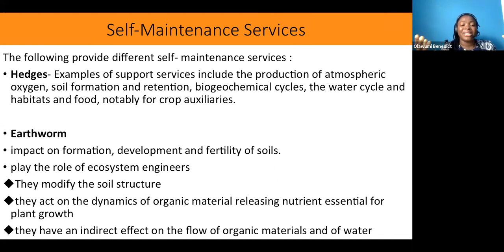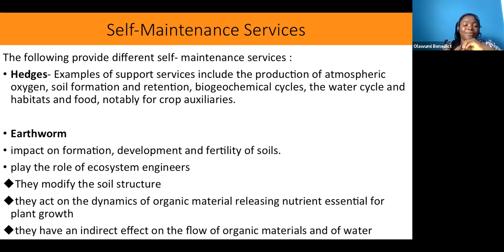Then they serve as habitat for natural elements, and food, because the natural microorganisms and macroorganisms live there and find food to eat. Instead of coming to our farm to eat, they find food there. Then they are notable for crop auxiliaries and for diversification.